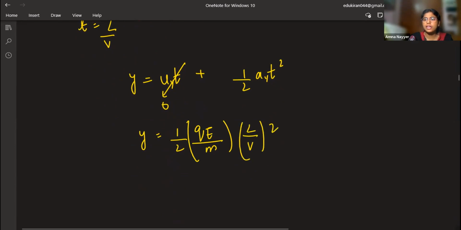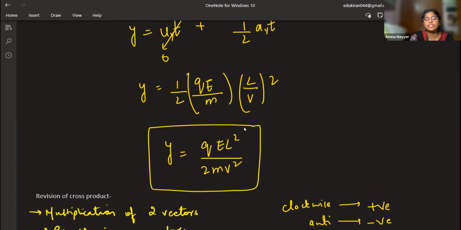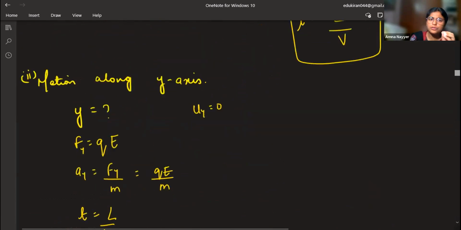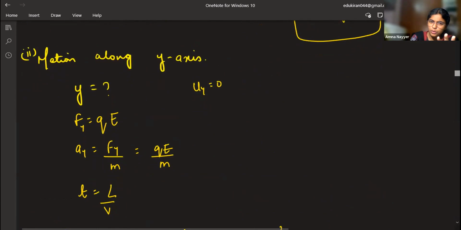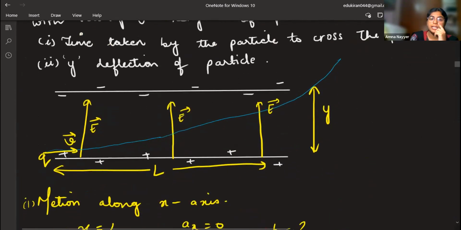So what is the final answer that we are getting? The final answer is QE L square by 2M V square. That is the deflection, which is your second part's answer. Simply, you just have to write all the details given to you. In the first part, it was given to find the time taken by the particle to cross the plate.